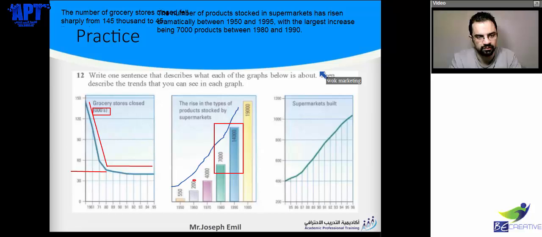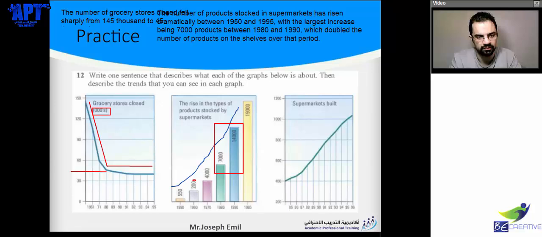With the largest increase being 7,000 products between 1980 and 1990, which doubled the number of products on the shelves over that period.